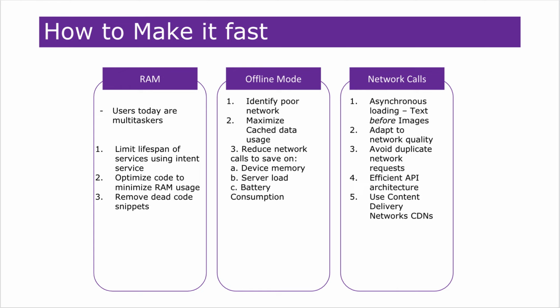Then also, you should always avoid duplicate network requests, and time and again this happens that in a mobile application, at the same time you make two calls to the server, and this should be avoided because it creates a hell lot of problems. Also, you need to have a clean, efficient API structure.